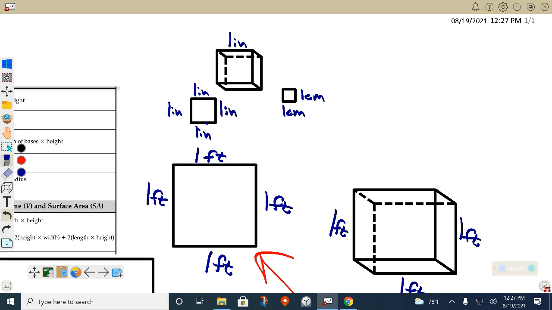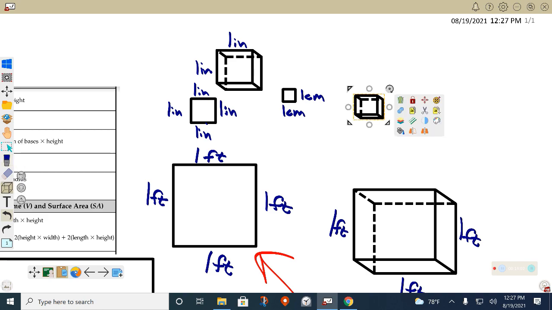Diana, what would this be called? Cubic inch. A cubic inch. Okay, we're getting the idea. That's what I'm asking now. I want to know how many cubes would fill up this prism.